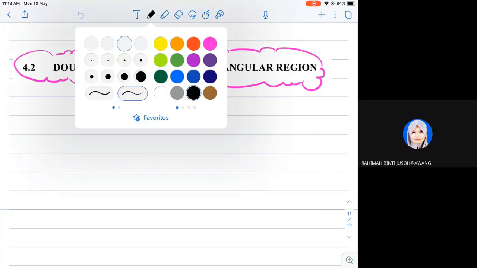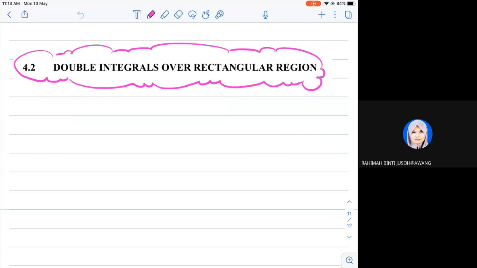So region kita ni boleh jadi apa-apa sahaja position. Contoh, let's say kita ada macam ni. Okay, kat sini A, kat sini B, and then sini D, sini C. So region kita rectangular. Rectangular maksudnya petak kan? Petak macam ni. So ini region kita.